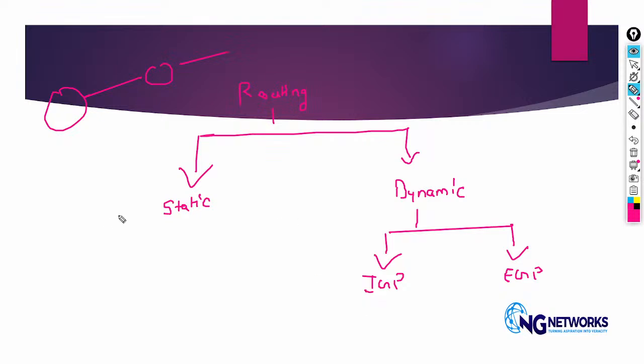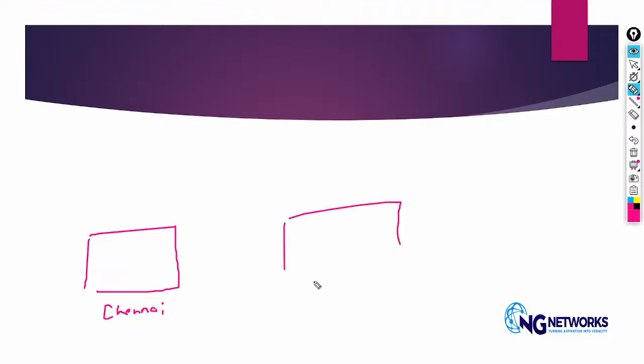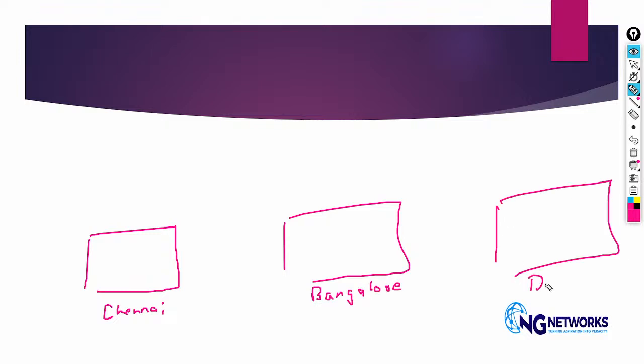Interior means, for example, take Infosys, Capgemini, Cognizant, those are MNC companies. They must have multiple sites. One site is in Chennai, one site is in Bangalore, one site would be in Delhi, etc.